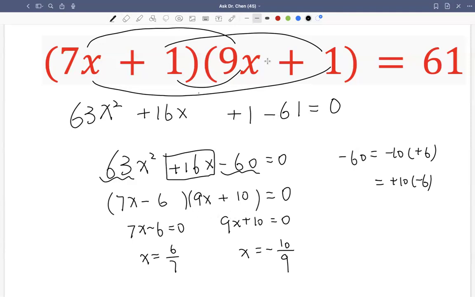Right? Let's see another way of doing this. Let's see we're really not so good with factoring, not so good with the numbers. So let's try another way solving this.